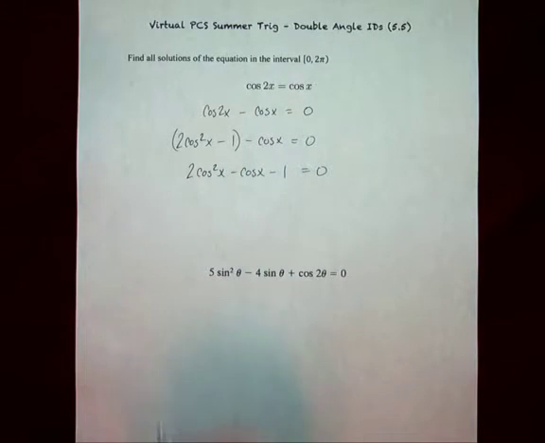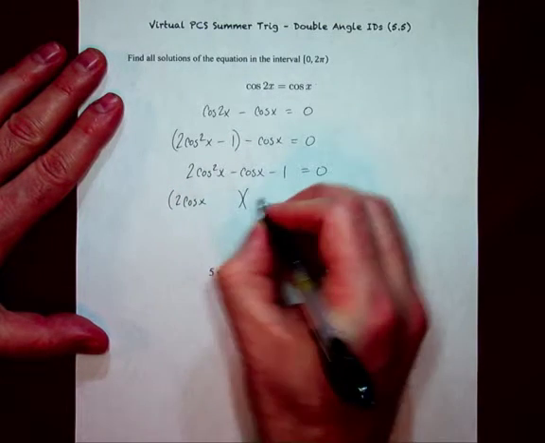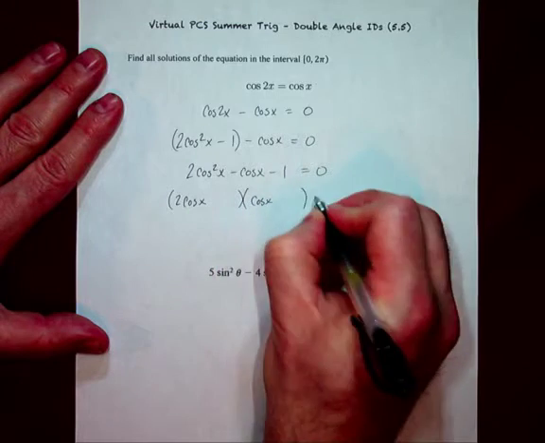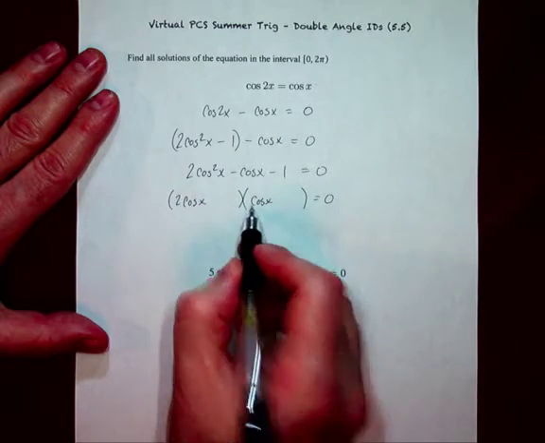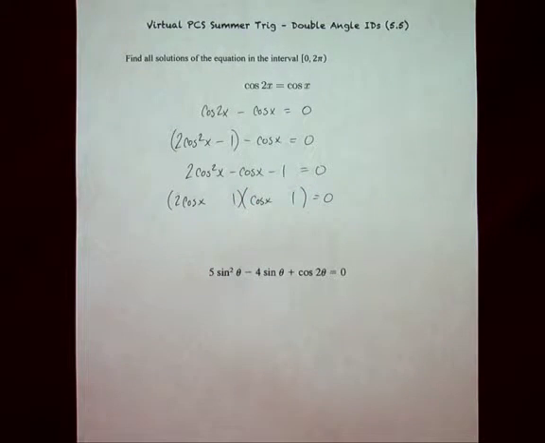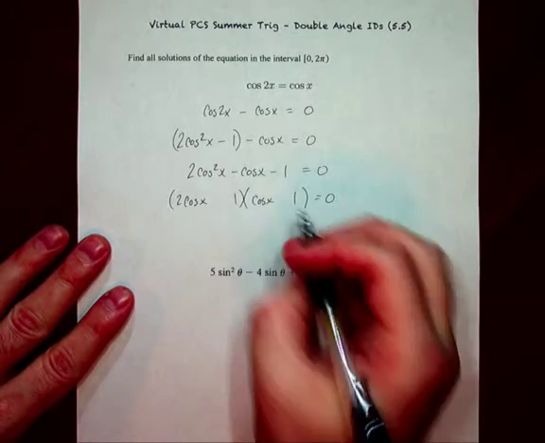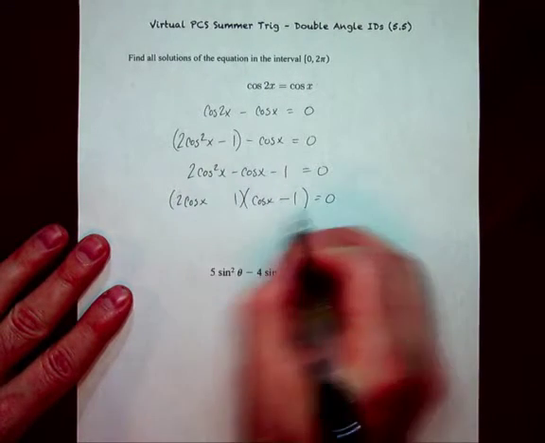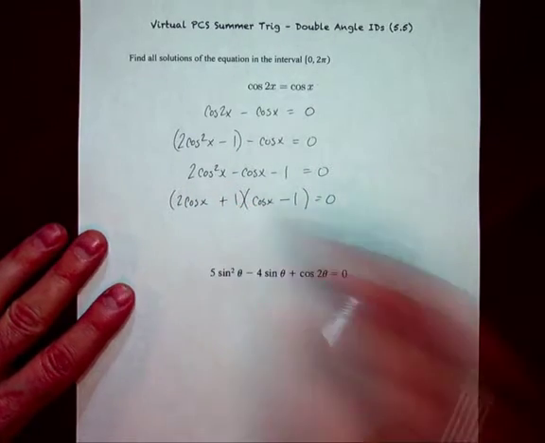And now I can factor. Now, 2 is prime, so the only choices are 2 and 1, okay? 1 is prime, so it's 1 and 1. So if this factors, I need one of these to be positive and one of these to be negative. Well, this is negative, so obviously the product that includes the 2 cosine x is going to be the negative 1, and then there you go.